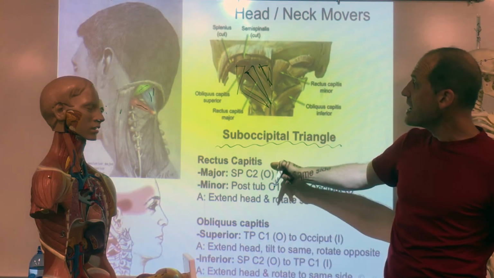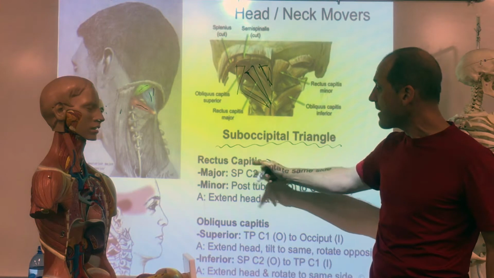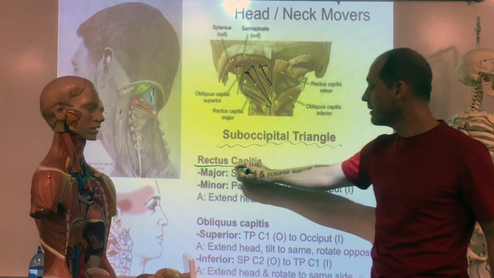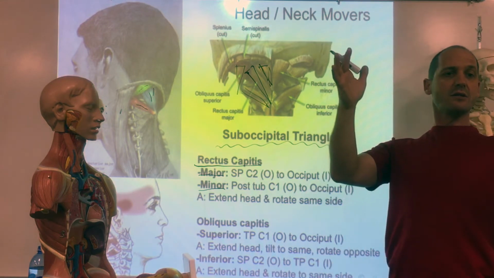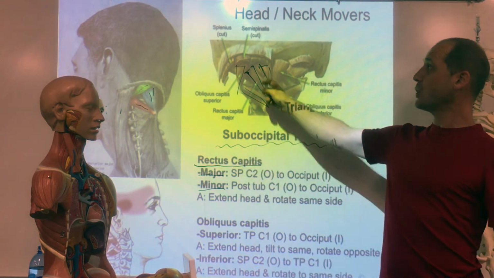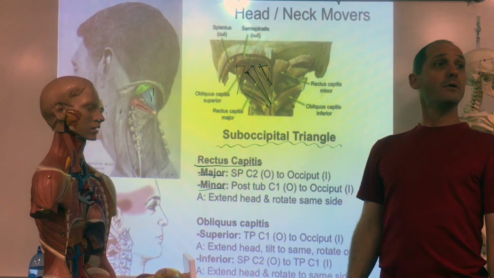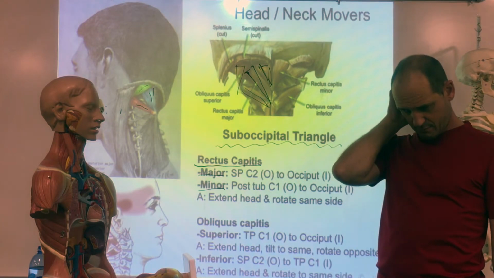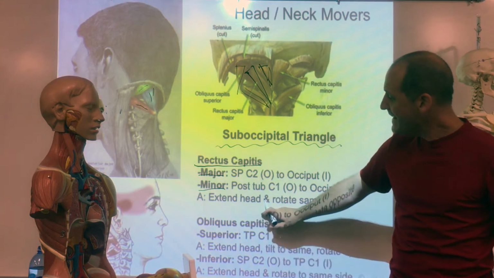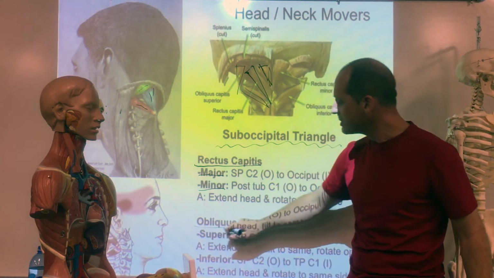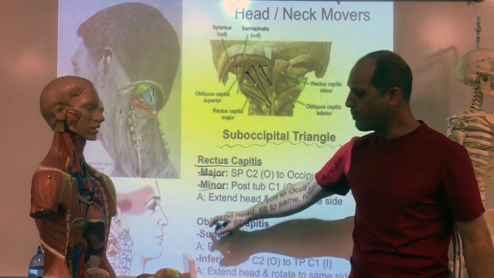But they are really, really cool because of the rectus capitis major and minor, they're called. Rectus means erect, straight. Capitis means head, so they keep the head up. If they don't work, the head goes down. If you test them, you have to test them this way. And then we have 2, they call them obliquus capitis. Oblique means sideways.